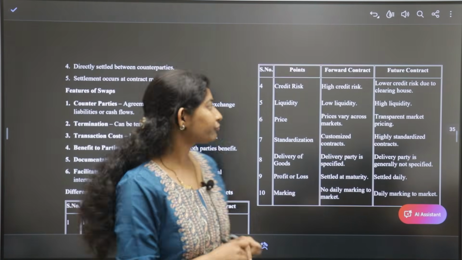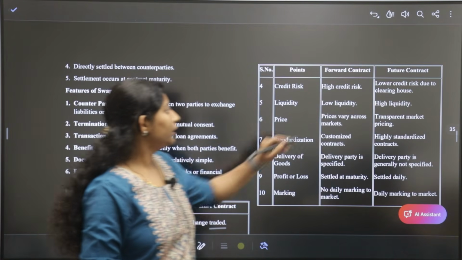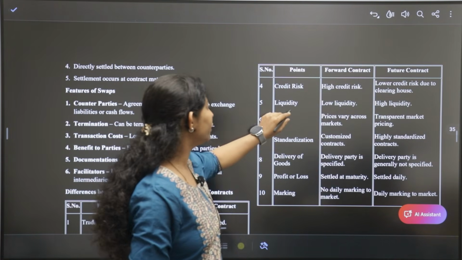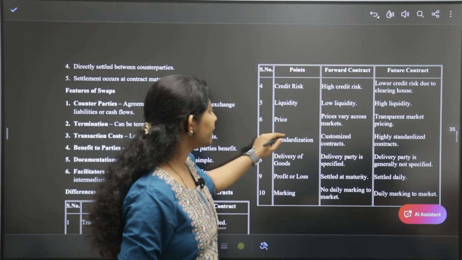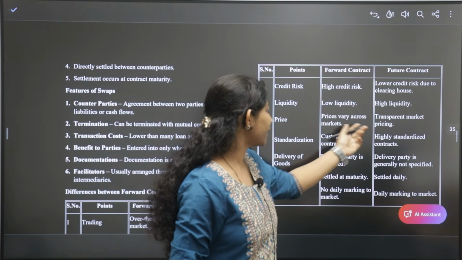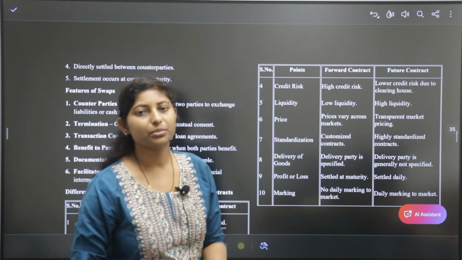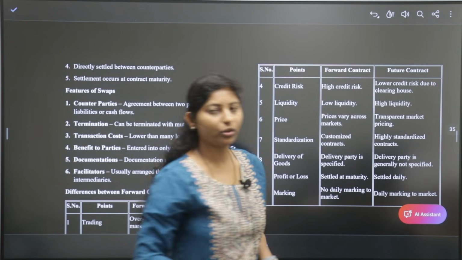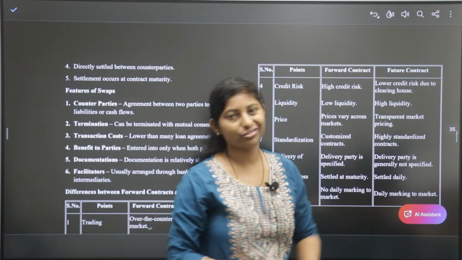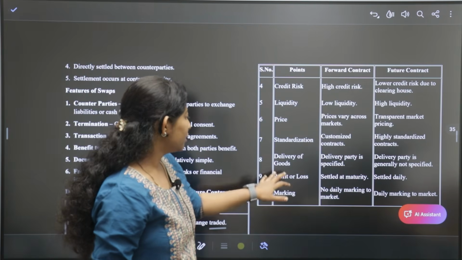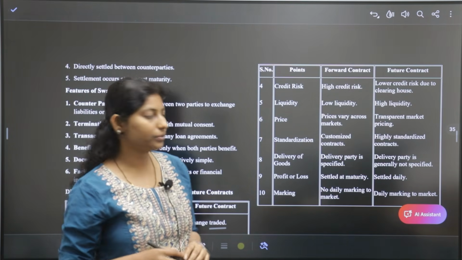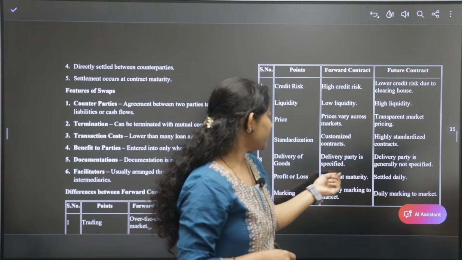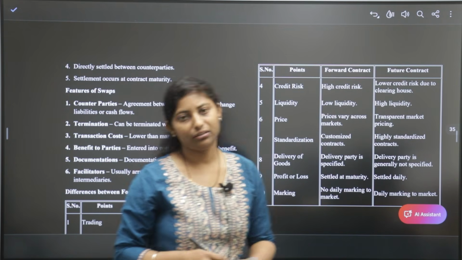Next, we have credit risk: here high, here low. Liquidity: low, high. Price across markets: here it is transparent market prices. Standardization: customized contract versus highly standardized contract. Delivery of goods: it is specified, but here it is generally not specified.